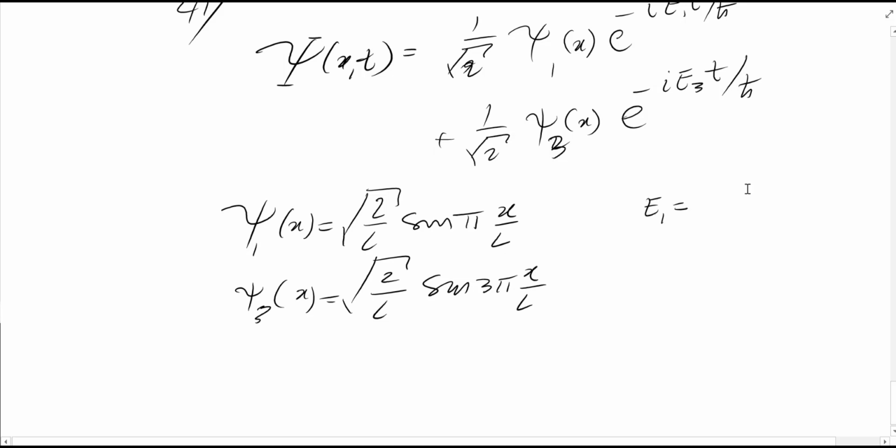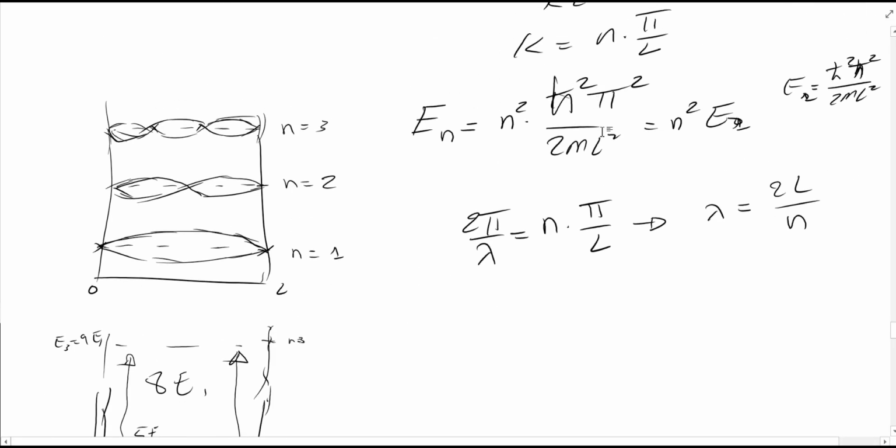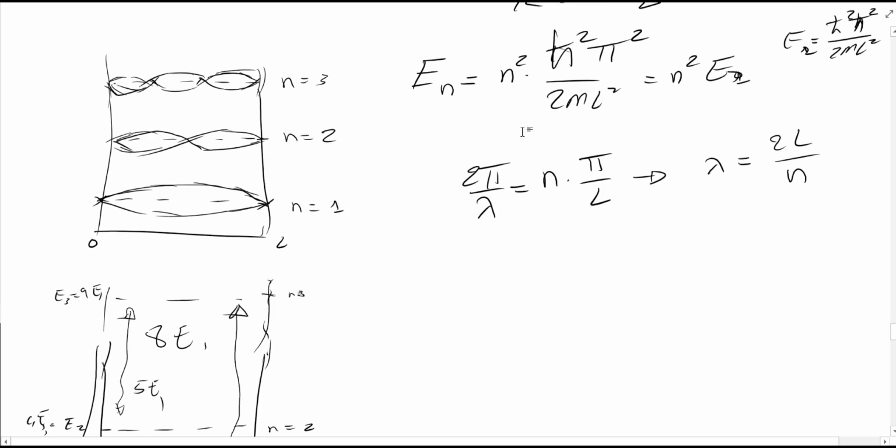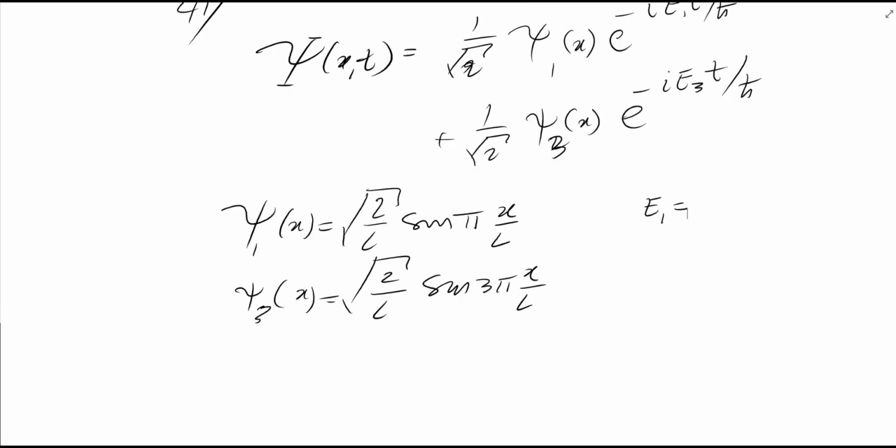E1 is n squared times this number, and E3 is 3 squared, so let's copy this expression here: n squared h bar squared pi squared over 2mL squared. So it's 1 squared times h bar squared pi squared over 2mL squared.